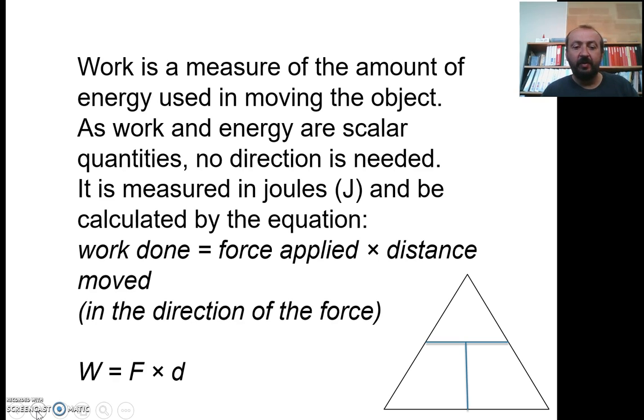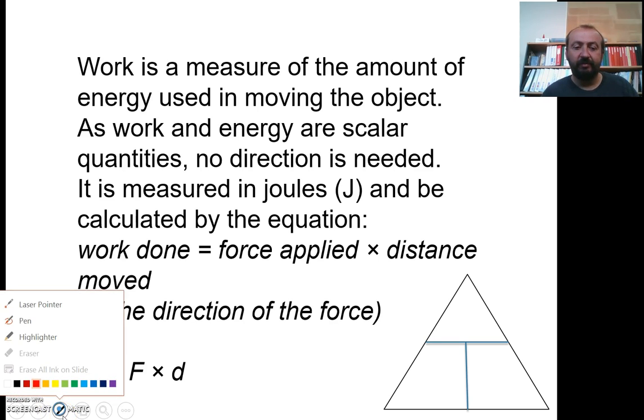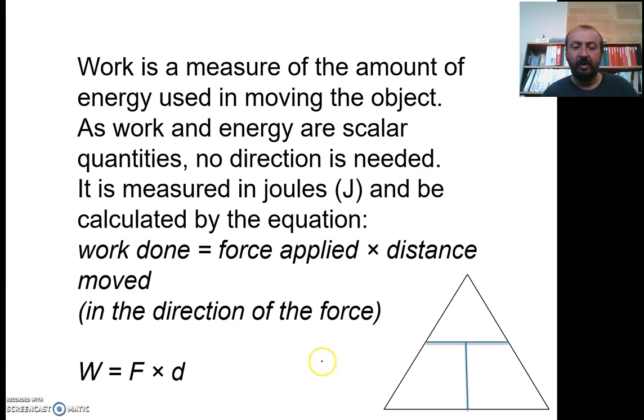Anyway, we've got this formula, work, W equals F times D. And we've got a little triangle down here, a little equation triangle like we use with velocity. And we're going to try and work out where we would put our W, F and D to help us, just like we did in the case of velocity.